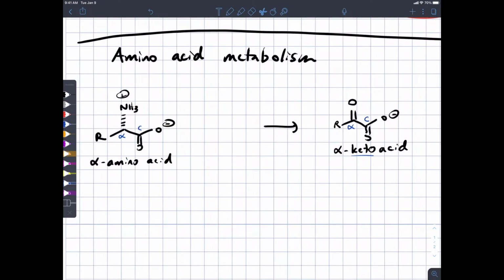Nevertheless, this reaction does not require an oxidation reagent. And the reason for that is that we're going to use a cofactor called pyridoxal phosphate, or PLP as it's sometimes abbreviated. And PLP is an aldehyde. What I've drawn here is an abbreviation for the phosphate group.